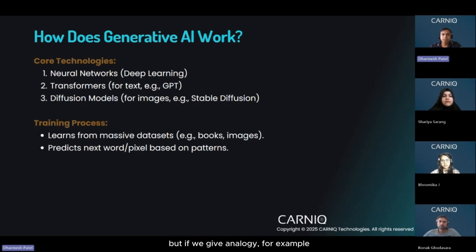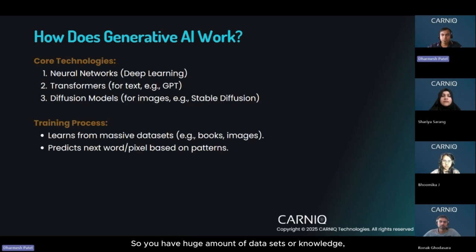If we give an analogy, for example music, we all know music has seven core notes, and by shuffling and rearranging these notes, you are generating new music. That is how people still produce or compose new songs, and we don't say it's something which already existed. We say it's newly generated. Similarly, generative AI also works.